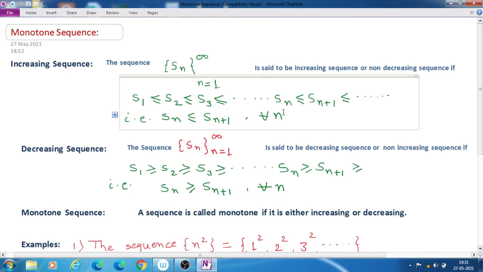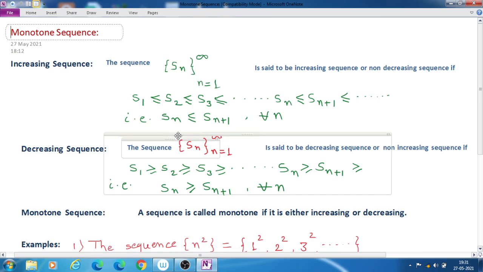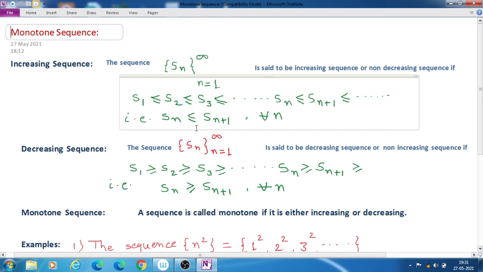In general, Sn is less than or equal to the next term Sn plus 1. That means Sn is less than or equal to Sn plus 1 for all n.